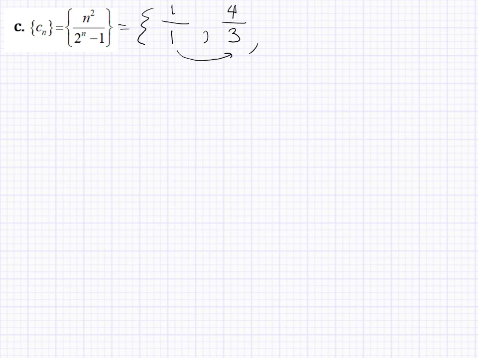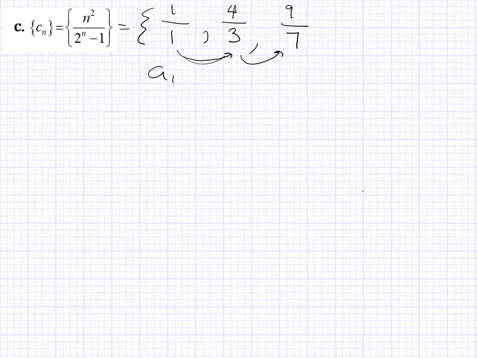And then when n equals 3, I get 9 over 2 to the third, which is 8 minus 1, which would be 7. The problem there is that this next term is actually smaller. So I went bigger, and then I went smaller. Well, that right there disproves that this could be monotonic.